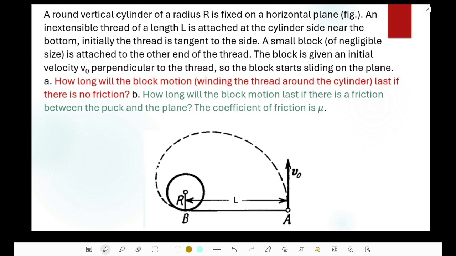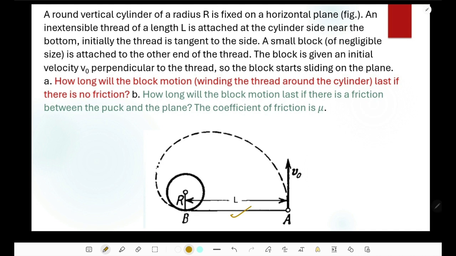An inextensible thread of length L is attached to the cylinder, you can see here, on the cylinder side near the bottom. Initially the thread is tangent to the side.